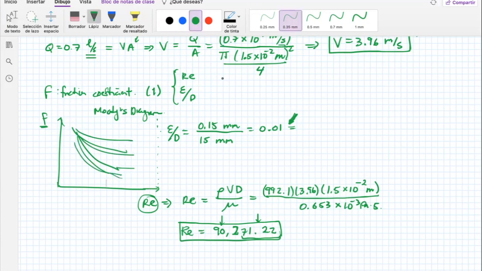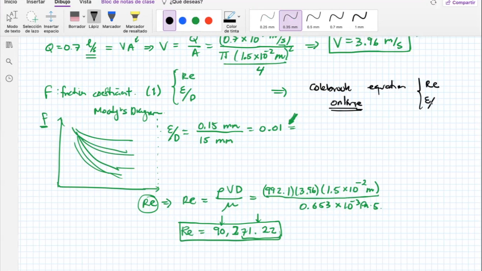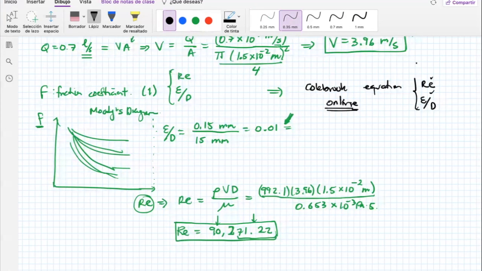But since I don't want to use that, I want to use the Colebrook equation. I'm not going to write the Colebrook equation, but you can look for it on the internet, or you can Google it. There are already online calculators for this equation where you need to put in the Reynolds number and the relative roughness as input.